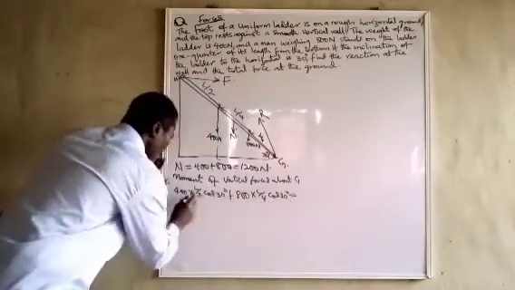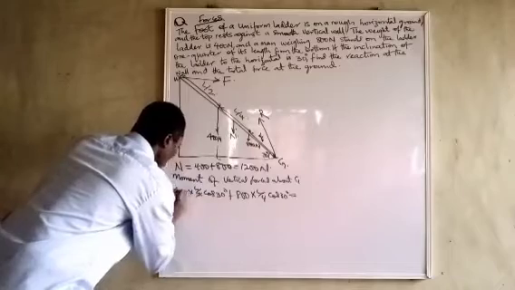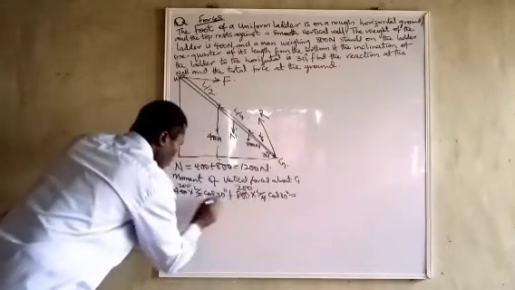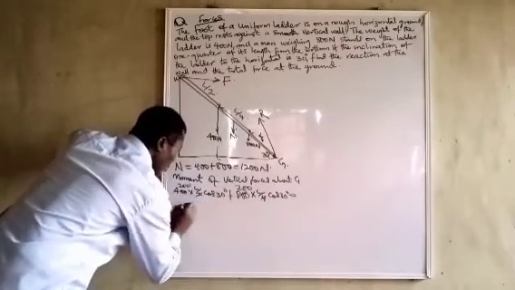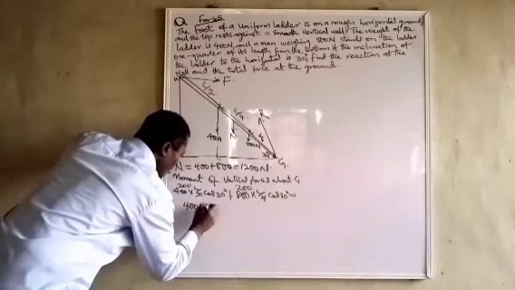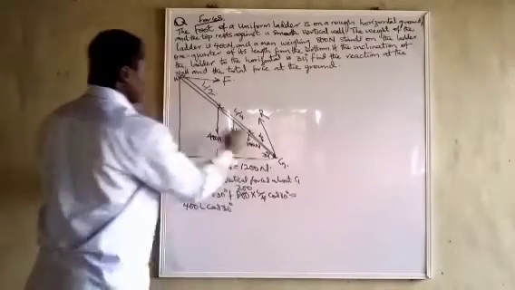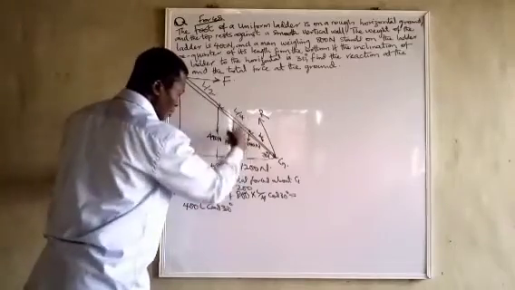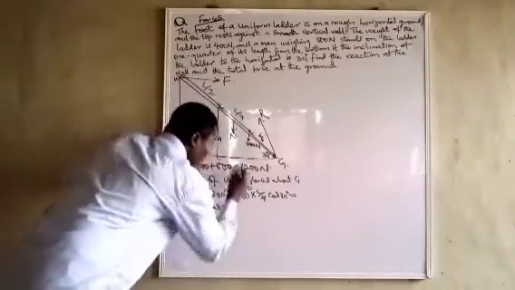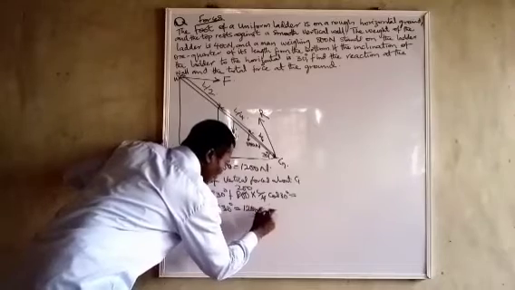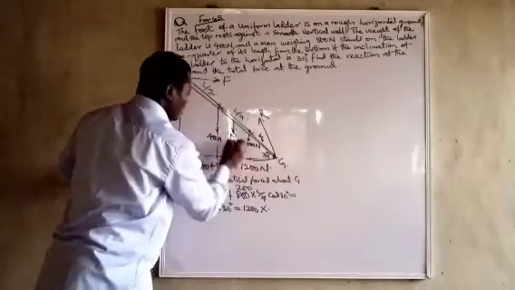It is equal to 200 plus 200. So we have what now? 400 L cos 30 degrees. That is the moment. And it must be equal to the moment of total vertical reaction force here. It is equal to 1200 x. That is the distance from here to here.